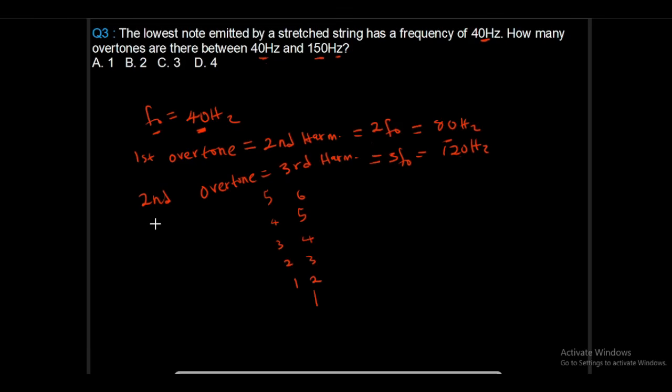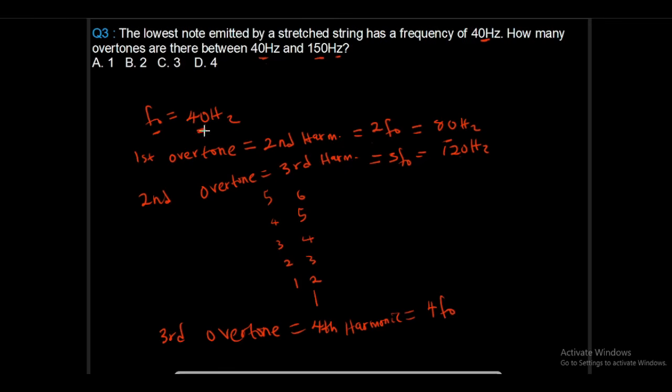Now let's see if third overtone is going to fall in between 40 and 150 hertz. Now third overtone is equivalent to fourth harmonic. So third overtone equals fourth harmonic, which is 4 times fundamental frequency.